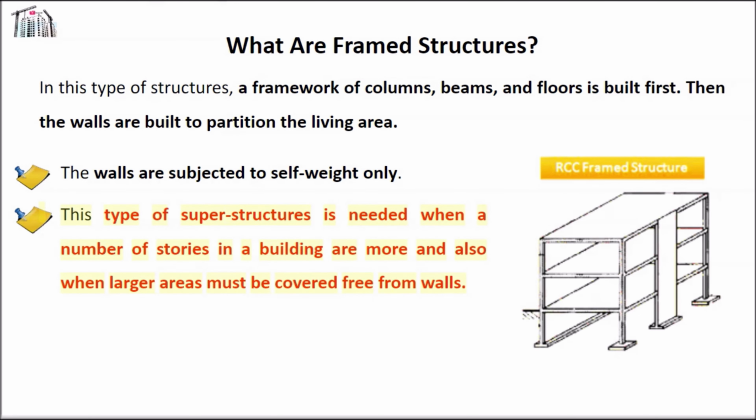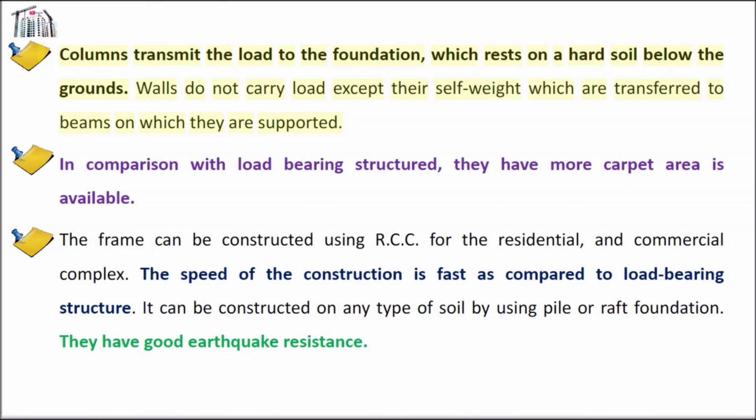This type of superstructure is needed when the number of stories in a building is more and also when larger areas must be covered free from walls. Columns transmit the load to the foundation, which rests on hard soil below the ground. Walls do not carry load except their self-weight, which is transferred to beams on which they are supported.